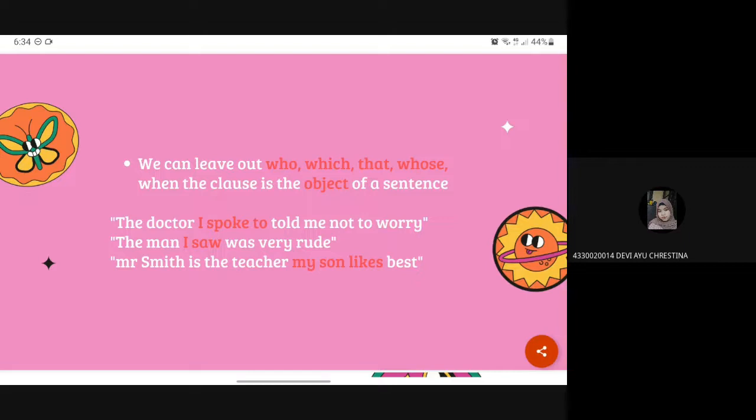If the relative clause is the object of the sentence, we can leave out the relative pronouns who, which, that, whose. We can use the relative clause without that.